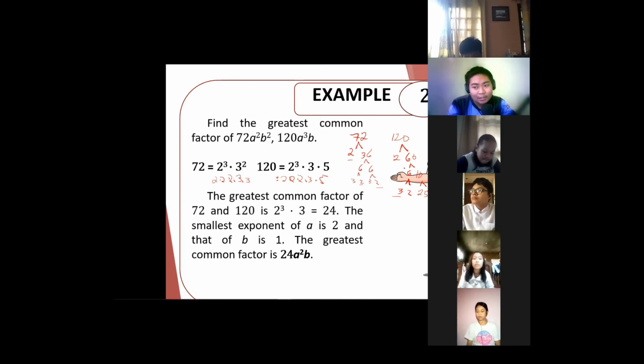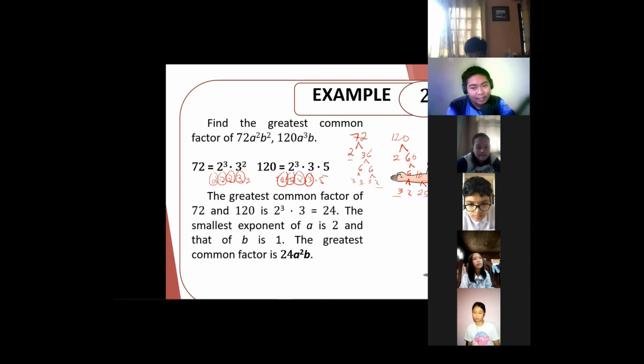So, when all of these are prime numbers, you can now list it down. So, this would be 2 times 2 times 2 times 3 times 3, and 2 times 2 times 2 times 3 times 5. So, get all the common factors. We have 2, 2, 2, and we also have 3.